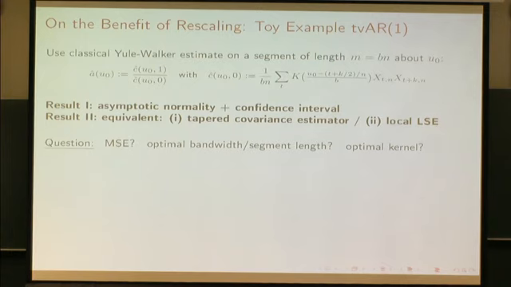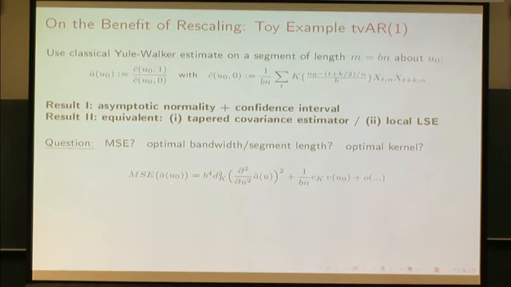Now, the question is, what is the mean square error? Can we find the optimal bandwidth, the optimal segment length? Basically, how large should the segment be? This has been answered, I don't know, 100, perhaps even 1,000 times in non-parametric statistics. And here, within this infill asymptotic approach, we can calculate the mean square error.